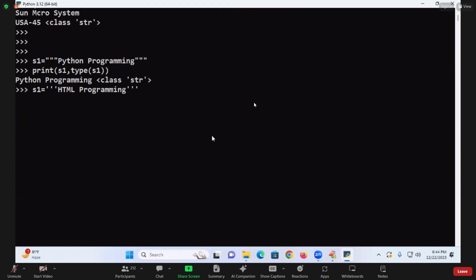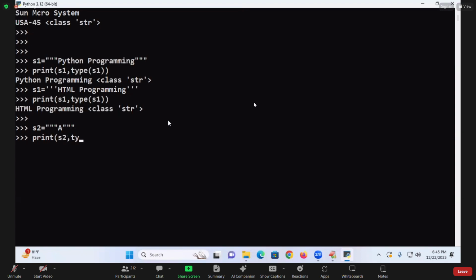Concentrate and try to follow. Print s1, it is also going to be of type str. s2 is equal to, you can write triple double quotes. You can write 1, 2, 3, 4. You can write one character also. Print of s2, s2 comma type of s2.